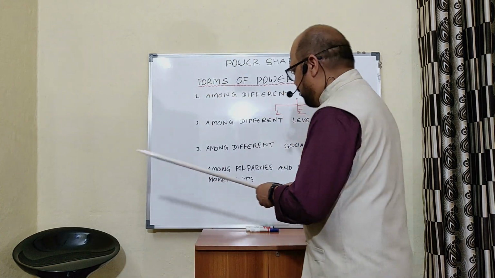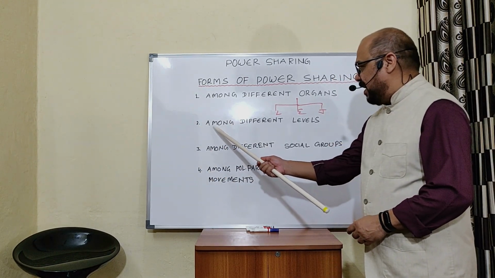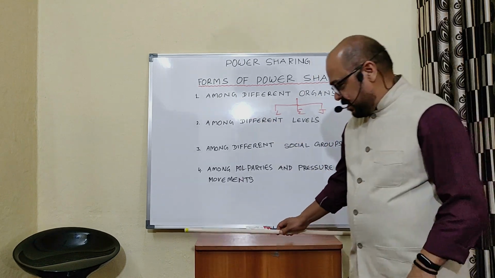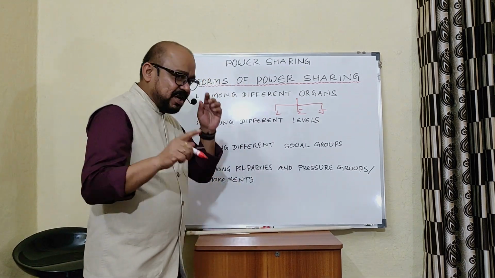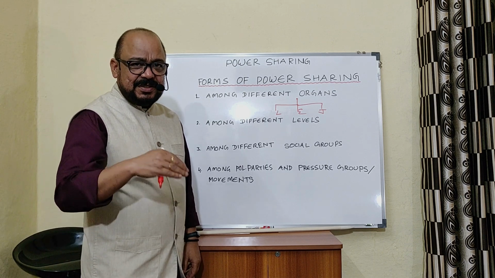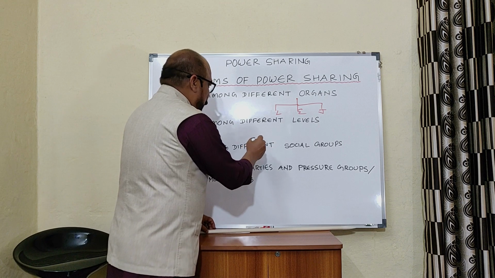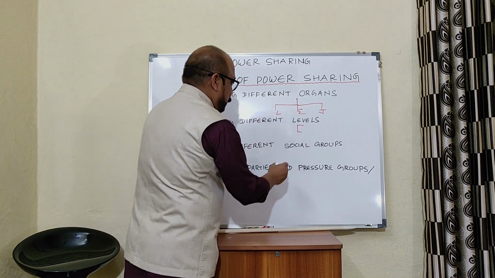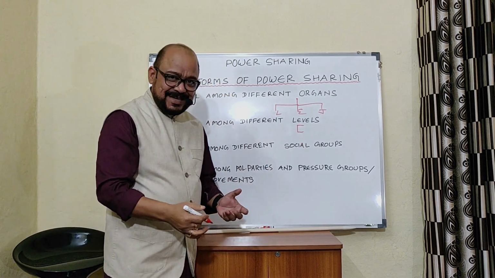Now the second form of power sharing is power sharing among different levels of government. My dear children, here I would like to tell you one thing. Keep in mind the setup of government, the structure of government in India, right? There are two levels in the country called India.